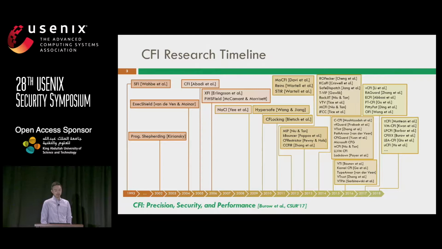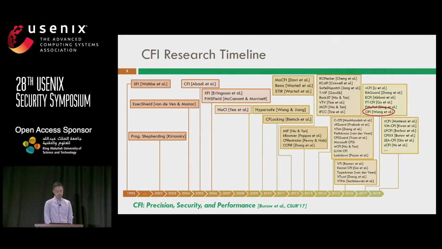Starting from 2014, there has been a complete explosion in the number of CFI works, because there are some really hard problems in getting it to work efficiently on lots of architectures and different applications. For example, one hard problem is how to implement CFI when you have a lot of objects with writable method tables floating around. One of my prior works, object flow integrity, was tackling that problem.